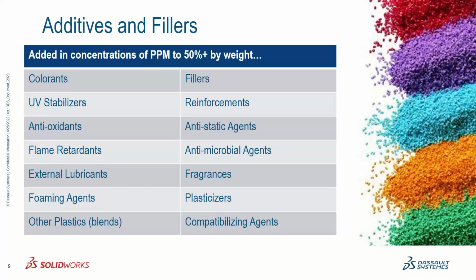And there are quite a number of additives and fillers that you can choose, each targeting a specific property or delivering a specific benefit. So for example, you have stabilizers.